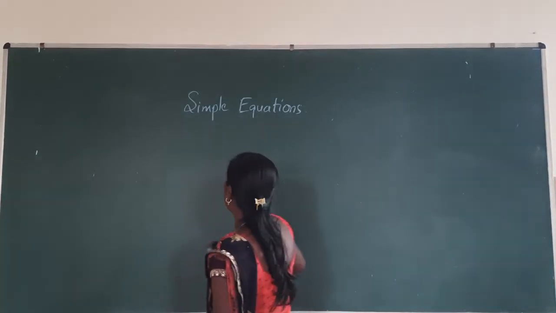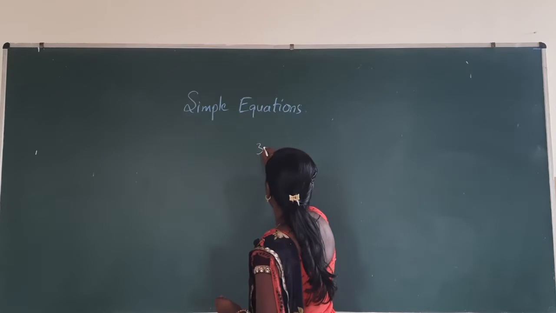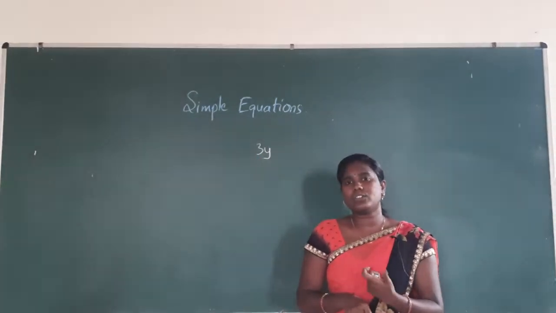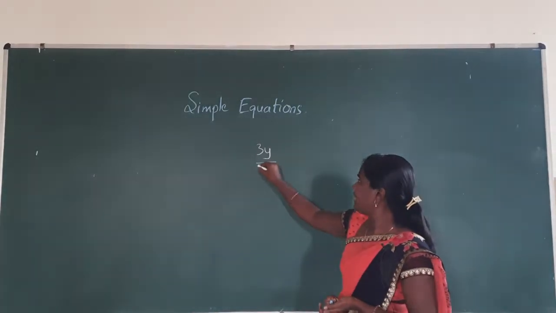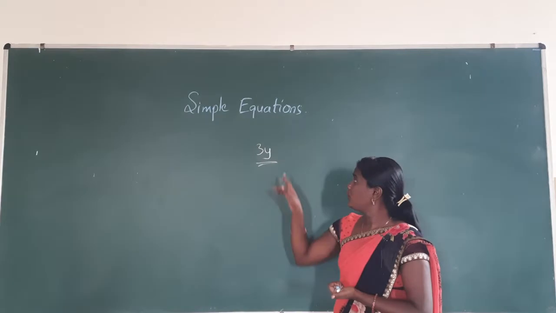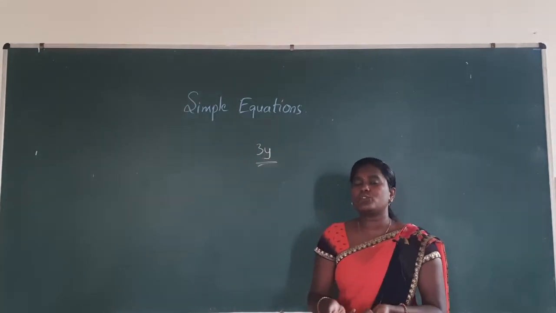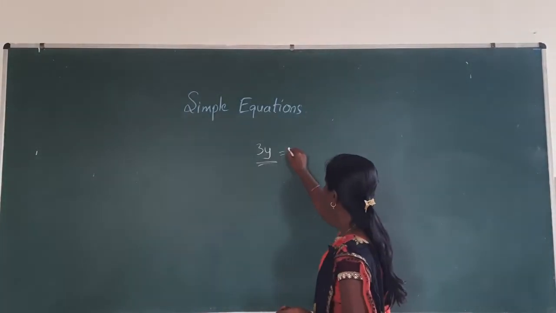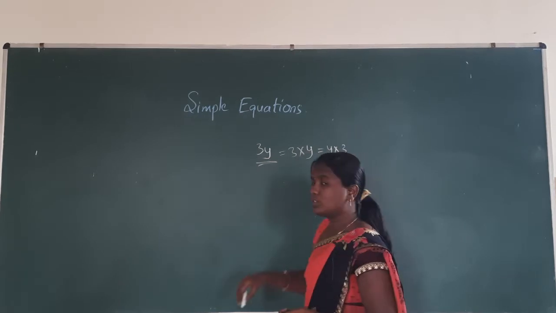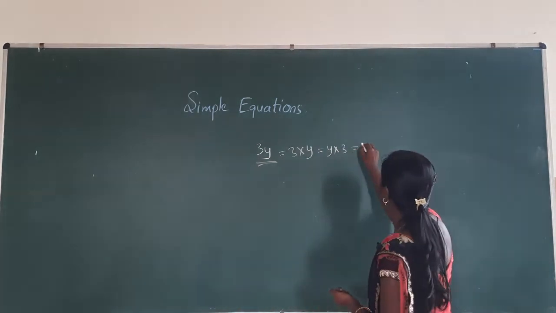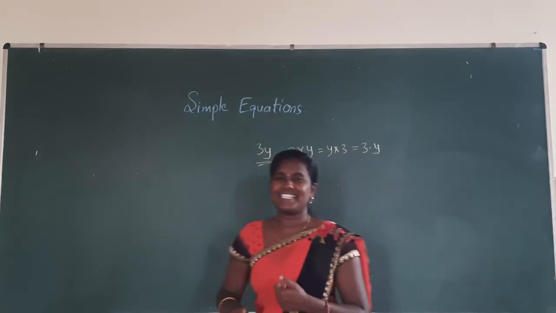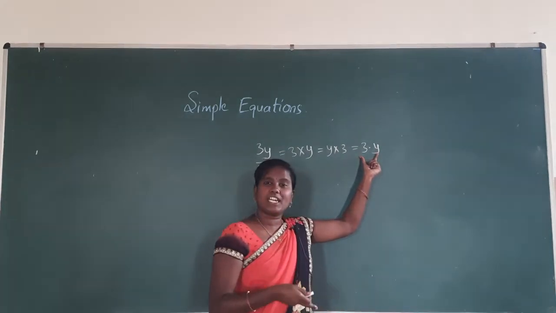Now, when we are writing 3y, you know that it is 3y. How is this 3y formed? 3y is formed when 3 is multiplied by y or y is multiplied by 3. Of course it is 3y. We can write this as 3 into y or y into 3, both are the same, or you can write this as 3 dot y. This 3 dot y means the product of 3 and y.